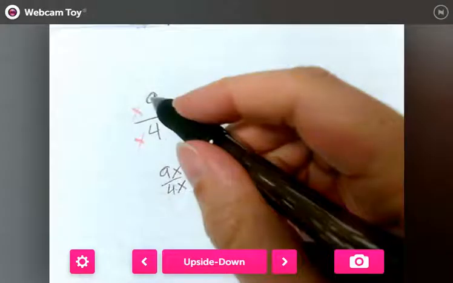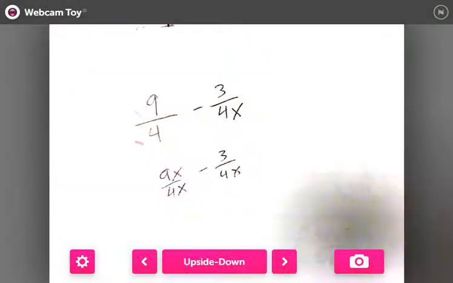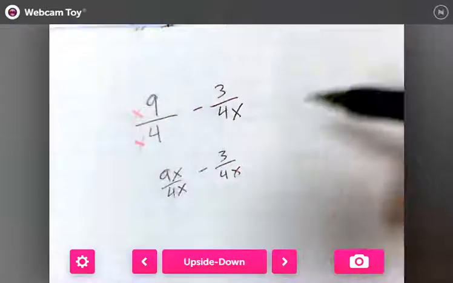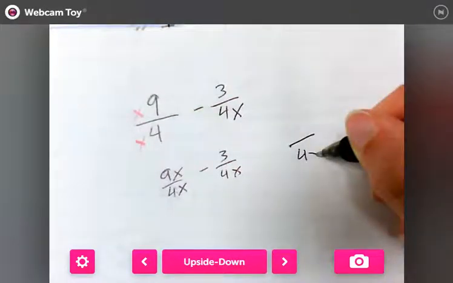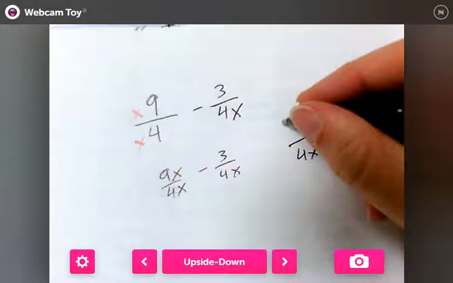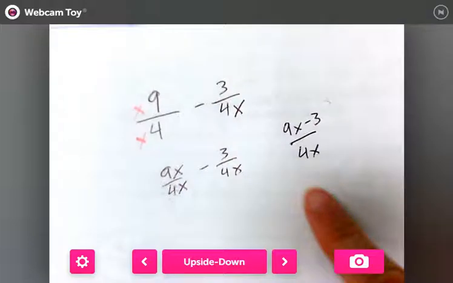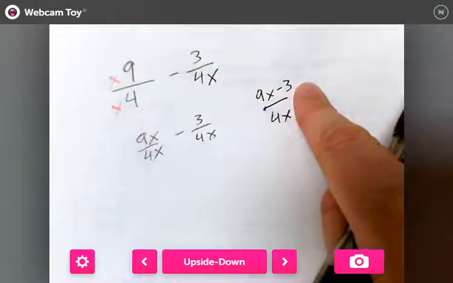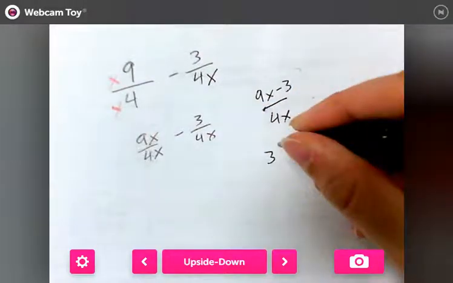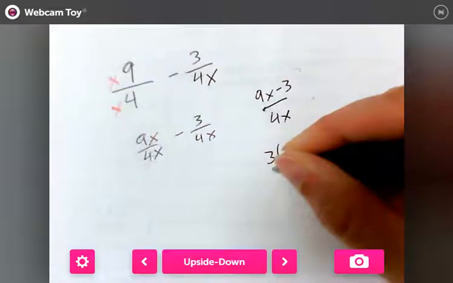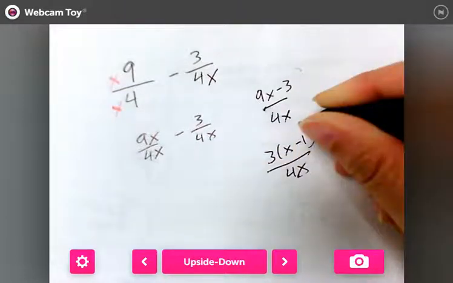I multiplied the top and bottom by x. Okay? So then I'm just going to have 4x on the bottom for my answer. 9x minus 3. What can I take out of 9 and 3? 3. So I'm going to be left with 3 times x minus 1 over 4x. Yes, you need to take it that far.